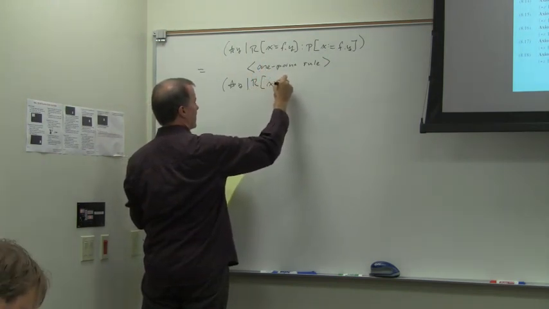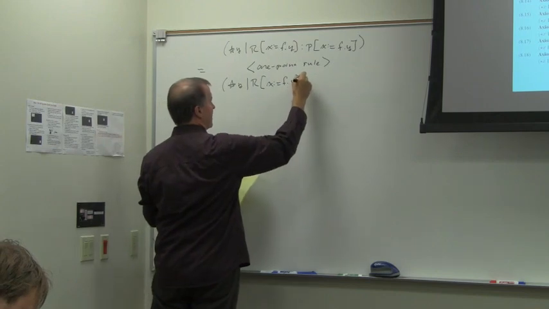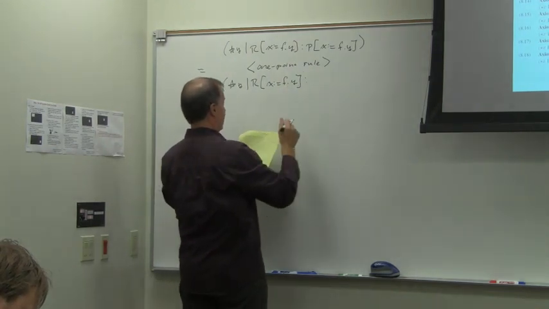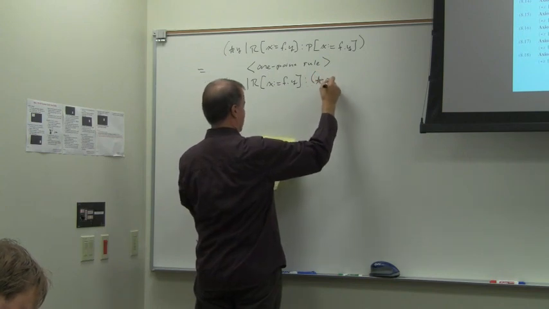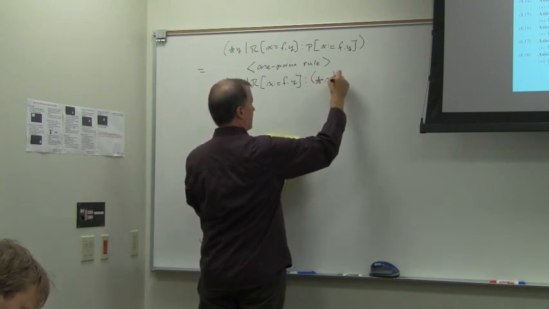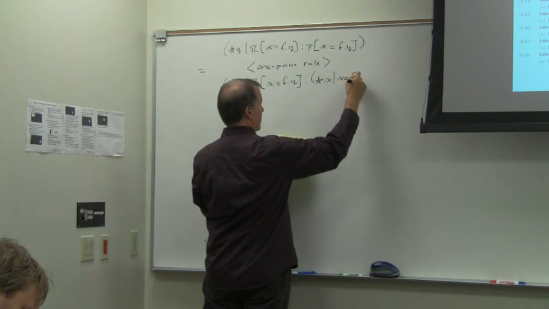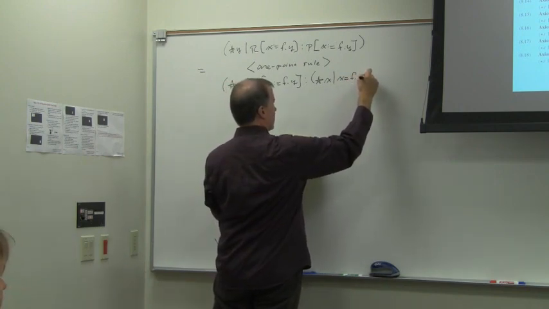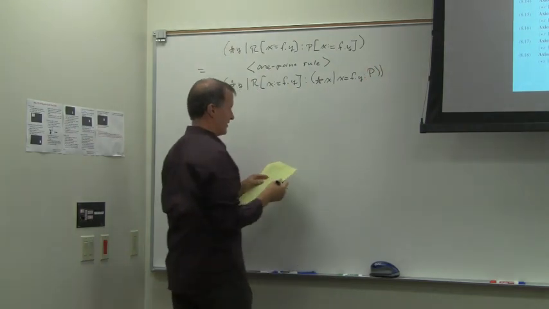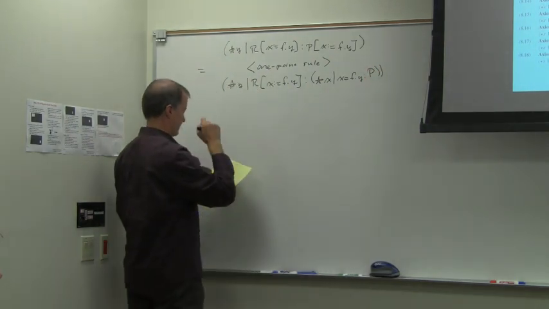Good. And then body, but now body what? Star x, range x equals f dot y, body P. Good show.